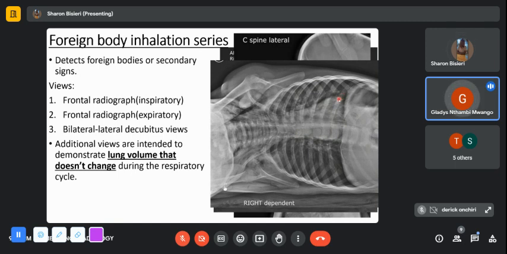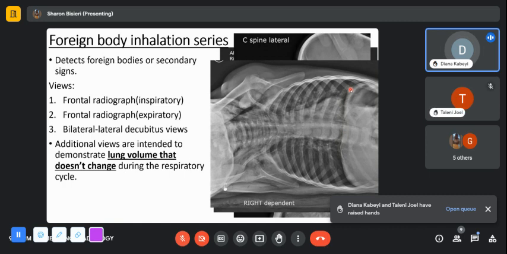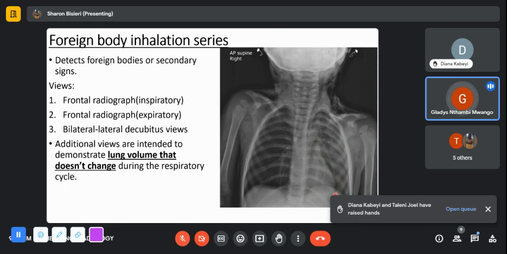Why is there a continuous diaphragm sign in all these dependent images? The possibility is there could be a pneumomediastinum. Yes, Diana? Even in the first expiratory phase imaging, there is pneumomediastinum. You can see there's air along the cardiac border on the left. What you have is air tracking from the mediastinum going into the neck.